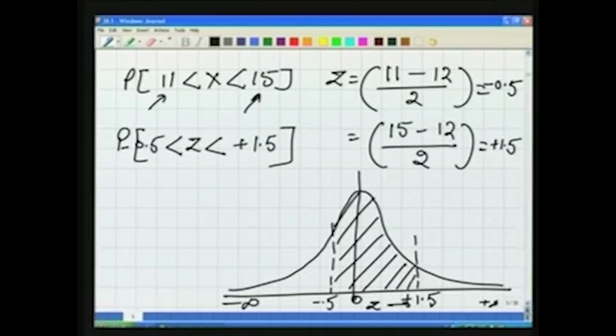How do we find it? By making use of the table that we have just seen.